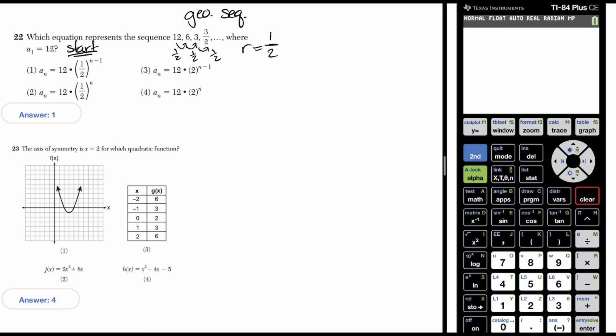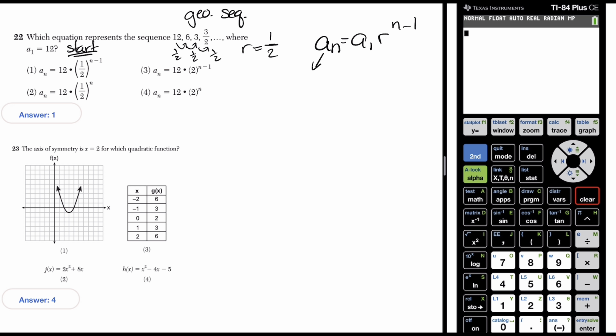And they want me to represent this as an equation. So this is where you can go and get your reference sheet, and in your reference sheet, you're going to look for the geometric sequence. I'm going to write it down here because I don't want to put it up on the screen. You will get a sub n, which is any term, is equal to a1 times the ratio to the n minus 1.